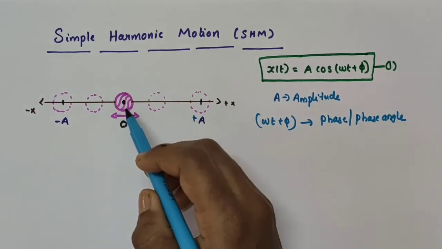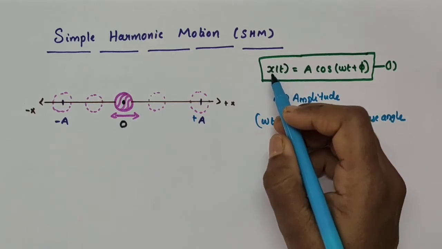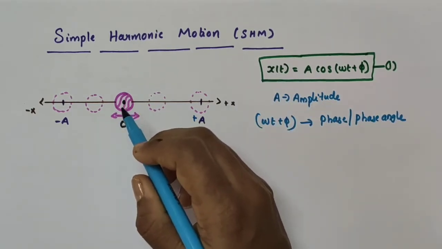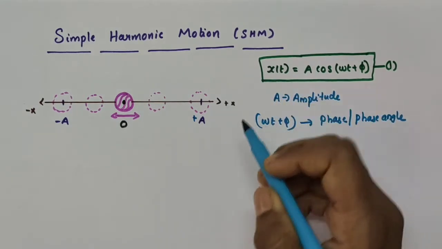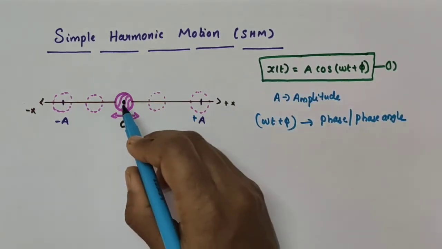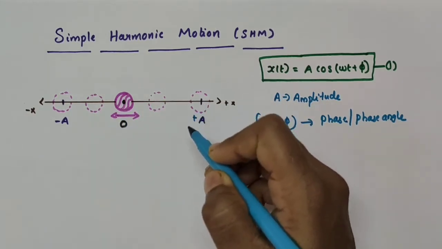So its displacement from its mean position O is x of t, because the displacement x varies with time. That is why we have taken this as x of t. The maximum displacement of the particle to either side of its mean position is A, that is the amplitude.